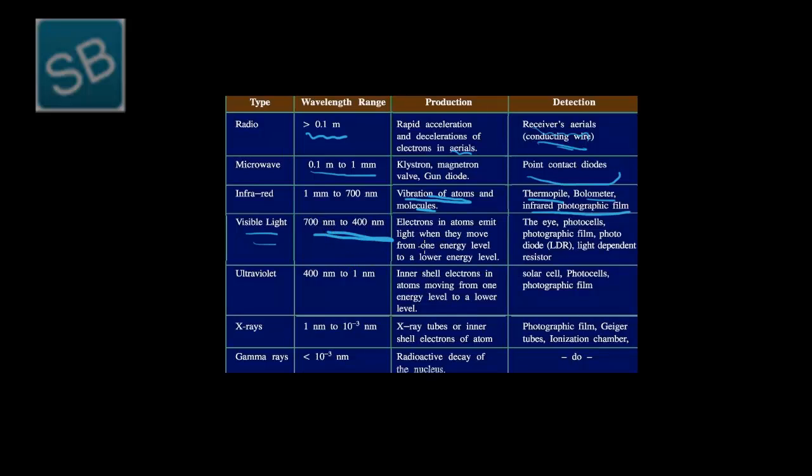It is naturally available, but if you want to produce it, then electrons in atoms emit it when they move from one energy level to a lower energy level. To detect it, use the eye, photocells, photographic film, photodiode, that is LDR, light dependent resistor.